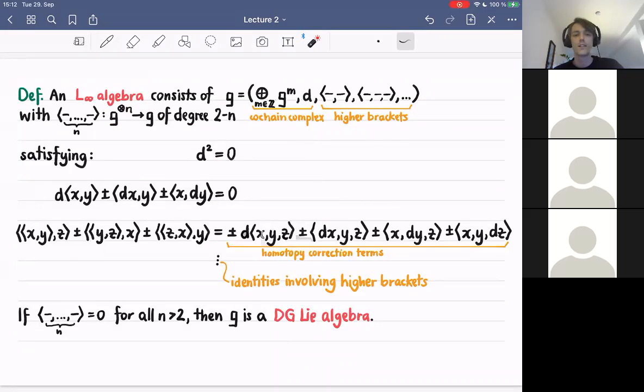So these have to satisfy some additional identities. But if you've seen infinity algebras, maybe it's analogous to this. And like I said, if the higher brackets are 0 for ternary and up, then G is called a DG-Lie algebra, and then this here gives the Jacobi identity.